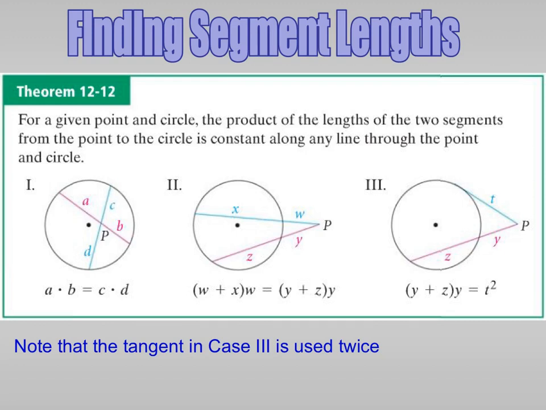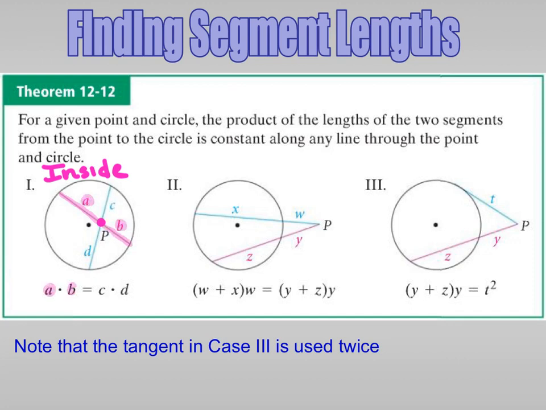So the first example is an illustration of a situation where the lines intersect inside the circle, and we'll see that our calculation is the little part of A. So notice A and B are on the same line.